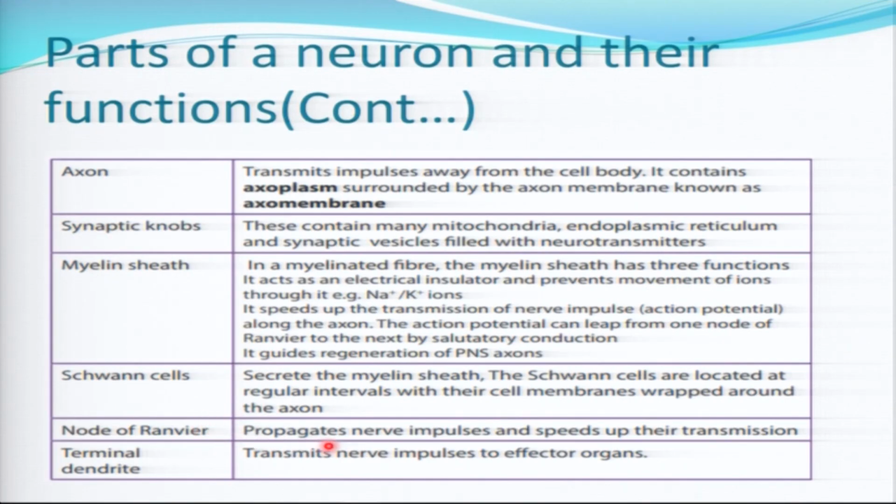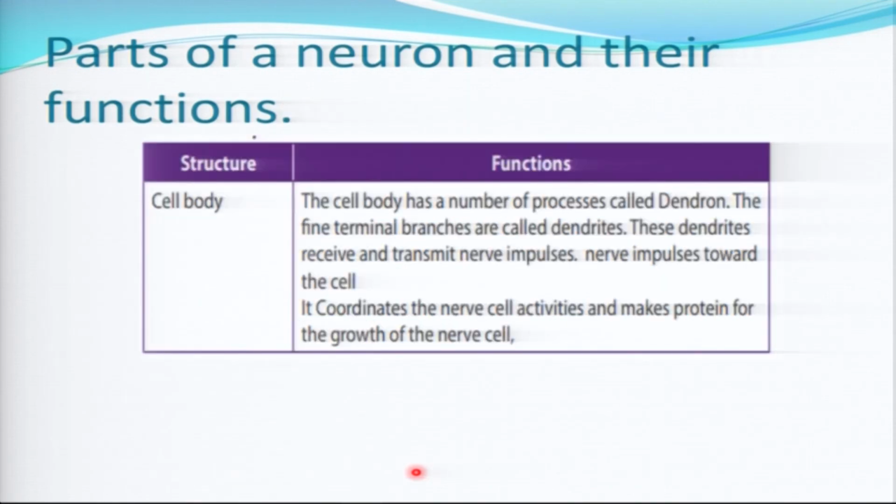Node of Ranvier propagates the nerve impulse and speeds up their transmission. This is the role of this node of Ranvier. We have now terminal dendrites that transmit nerve impulse to the effector organs. Terminal dendrite has to carry this information to effector organs. Now let's see on diagram those parts.